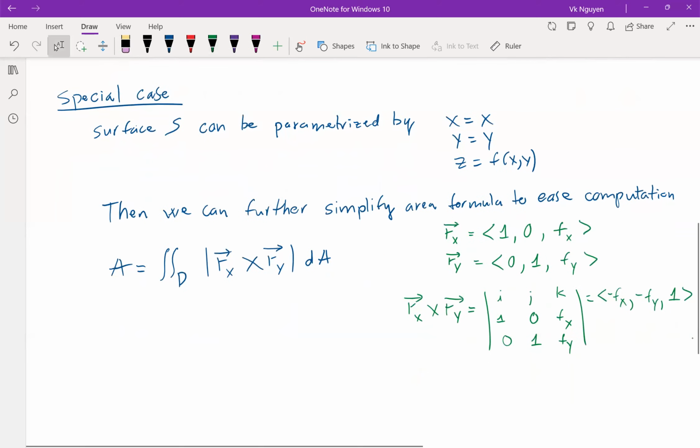Okay, we're almost done here. r_x cross r_y, take the magnitude. And that should be a root of f_x squared plus f_y squared plus 1.